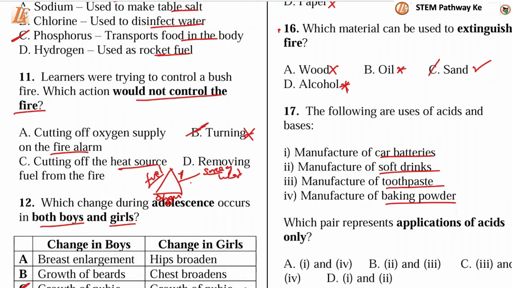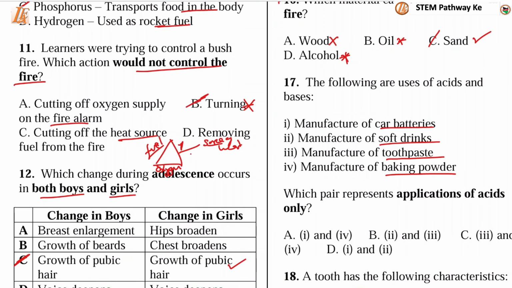Then the question is, which pair represents applications of acids only? The pair which represents applications of acid only is manufacture of car batteries, where we use hydrochloric acid or sulfuric acid, and also manufacture of soft drinks, where we use carbonic acid. So in this case, 1 and 2, where we have B.